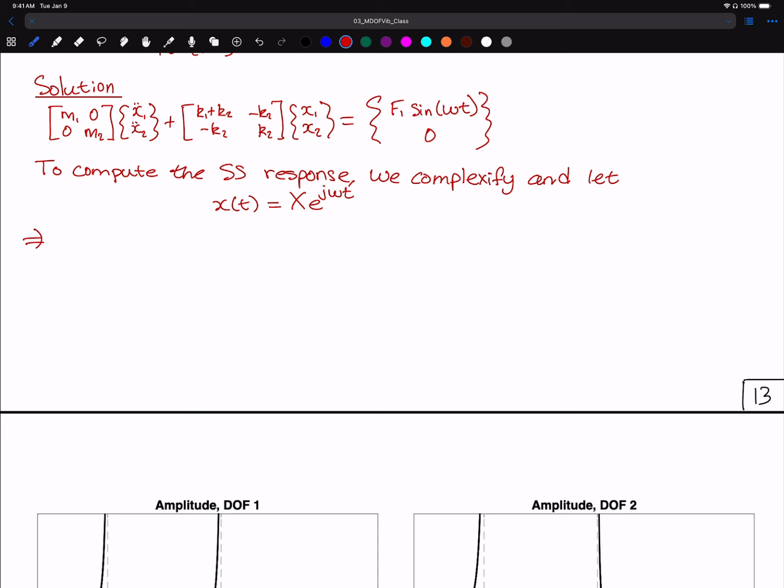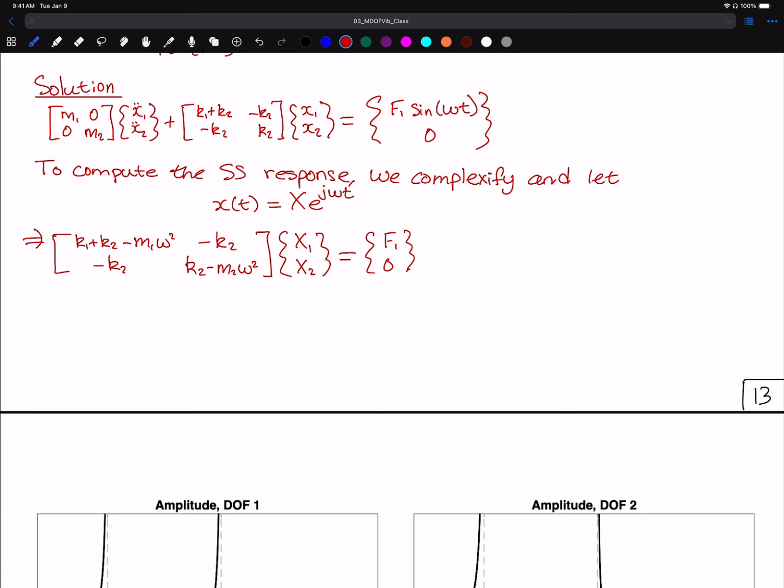From here, we'll plug this into our equation above, and we'll get K1 plus K2 minus M1 omega squared, minus K2, minus K2, and K2 minus M2 omega squared, all multiplied by our amplitudes x1, x2, equal to our complex amplitude F1, 0.